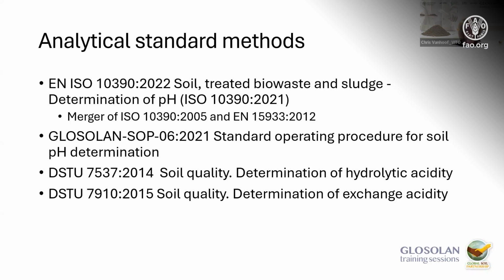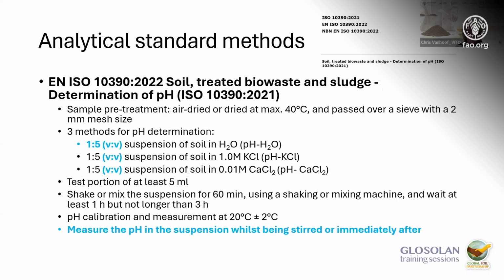They were combined because they cover the same matrices, especially soil. This standard has also recently been revised so that the newest technologies are described in it. The second method that we have available is the SOP of GLOSOLAN, describing the standard operating procedure for soil pH determination. And then we have two Ukrainian methods, which describe first the hydrolytic acidity and second the exchange acidity.